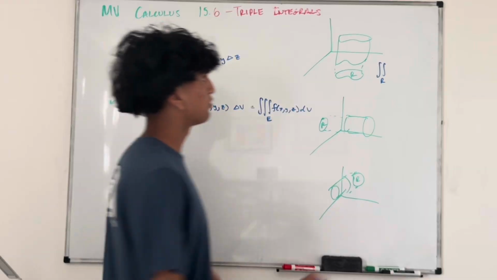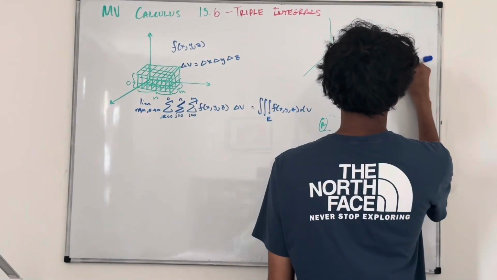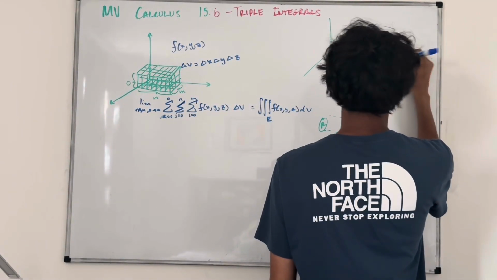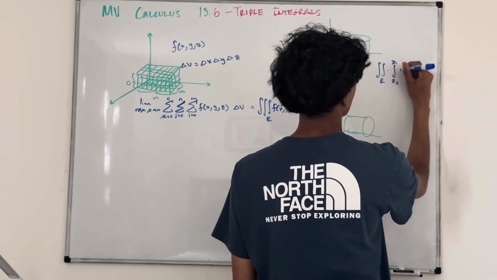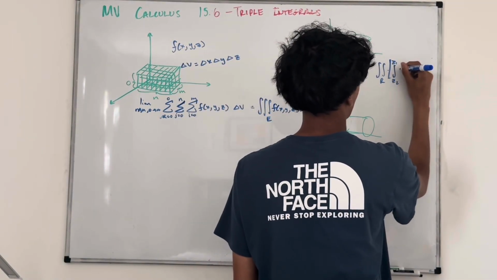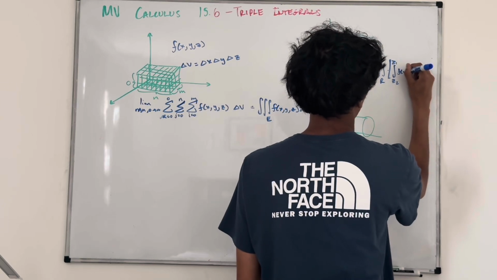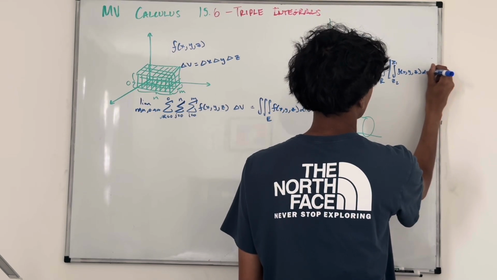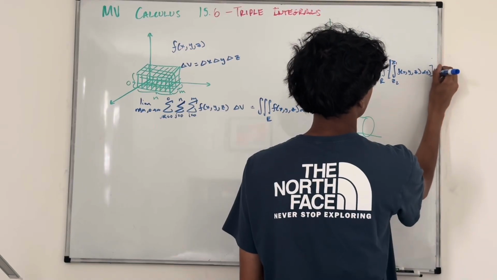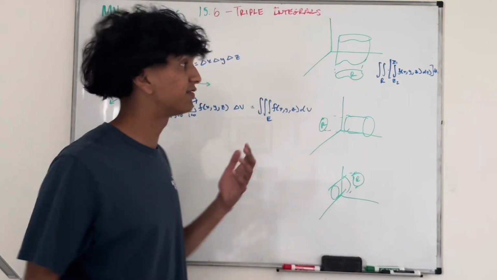We're taking the double integral of the integral from the bottom surface z1 to the top surface z2, so if we put a little bracket, f of x, y, z dz, times dA. That's how we make this a triple integral.